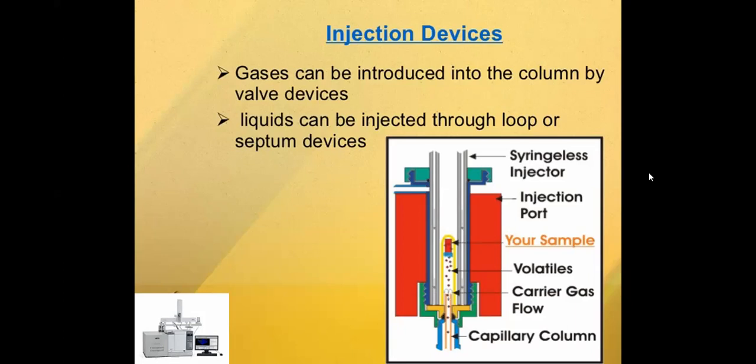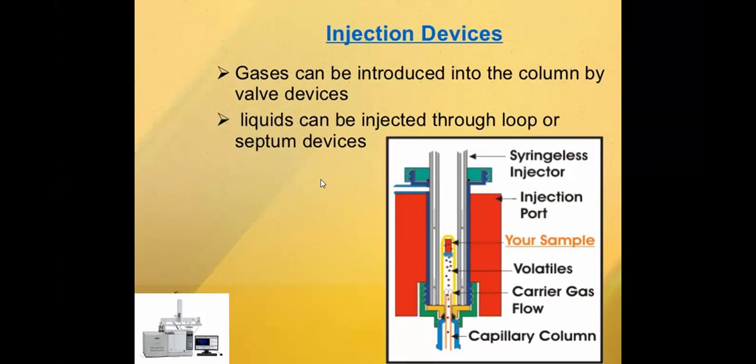There is a certain arrangement: while loading the sample into the carrier gas, you need to use some valves, just to avoid backflow of any material. As you are introducing the sample, at the same time you need to use valves so that the material does not flow back.